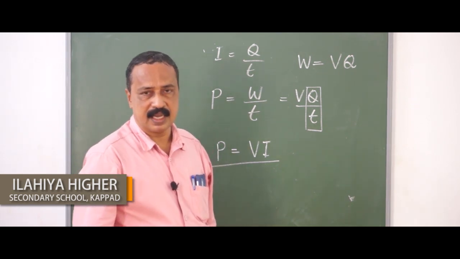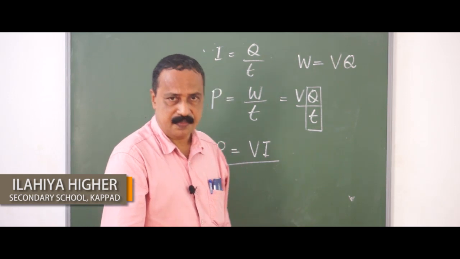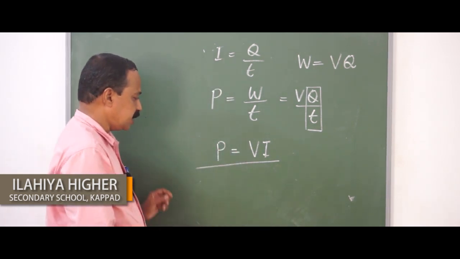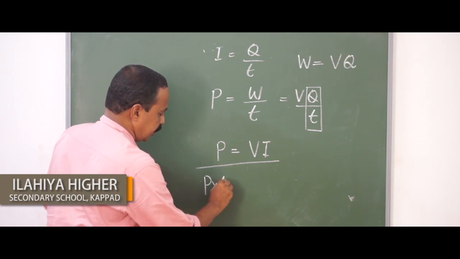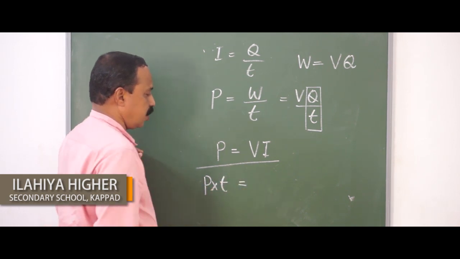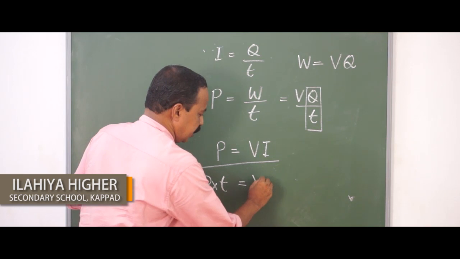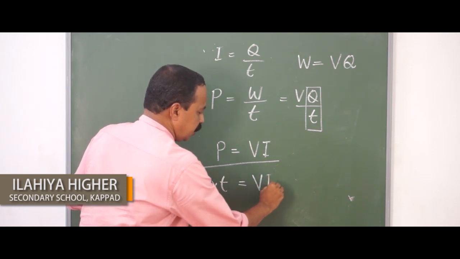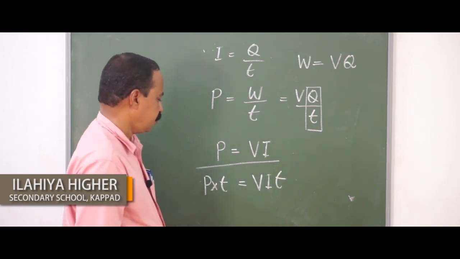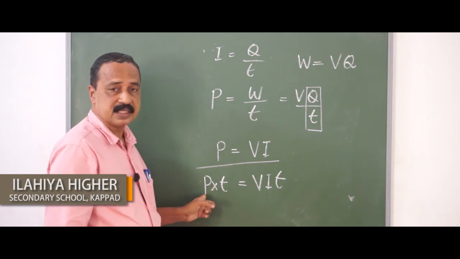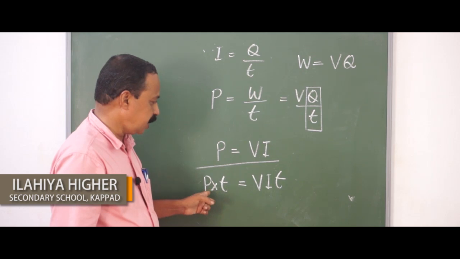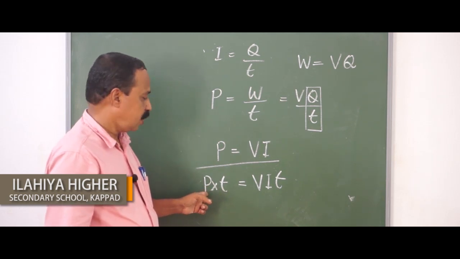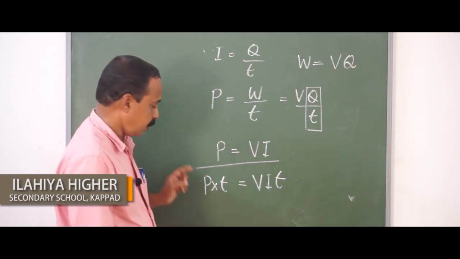In order to find the heat developed in a time t seconds, P into T equals V into I into T. This P into T is the heat generated or developed in the circuit when a voltage of V is applied.